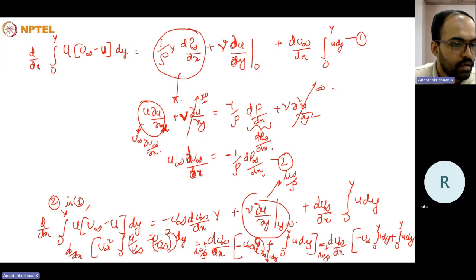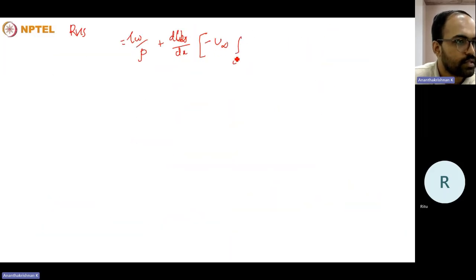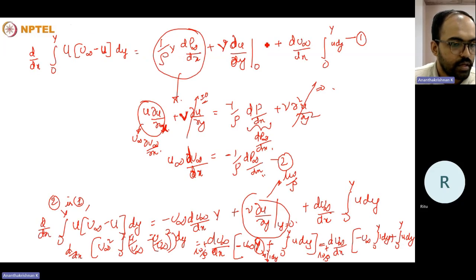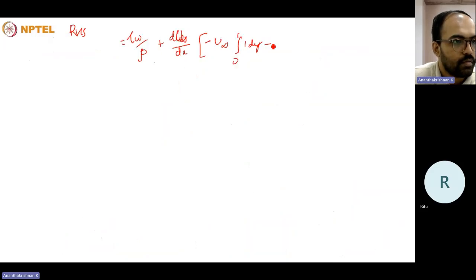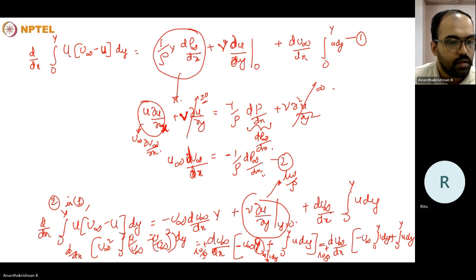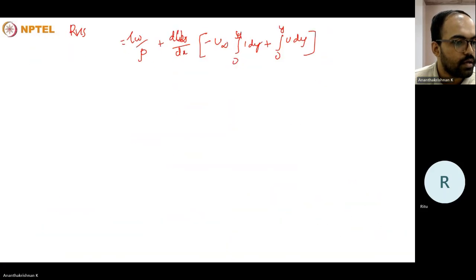u infinity integral of 0 to y, 1 dy, plus integral of 0 to y u dy. So we take the u infinity term outside as common.